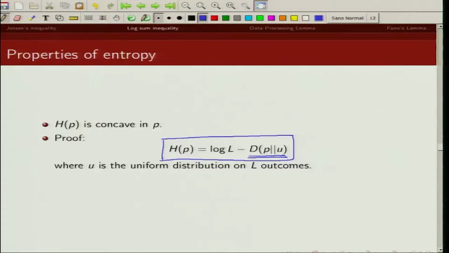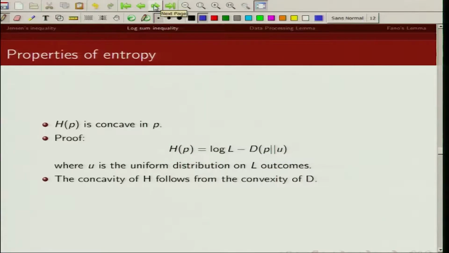So minus of a convex function will be a concave function. So then from the previous result it is very clear that entropy is a concave function of P. That is because this is just a constant, and minus of a convex function is concave. So as a function of P, H(P), entropy is a concave function. So the concavity of the entropy function follows from the convexity of the divergence function.